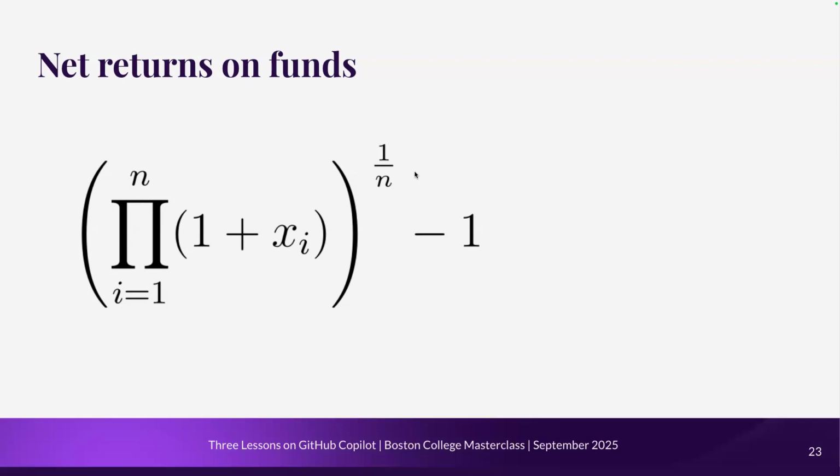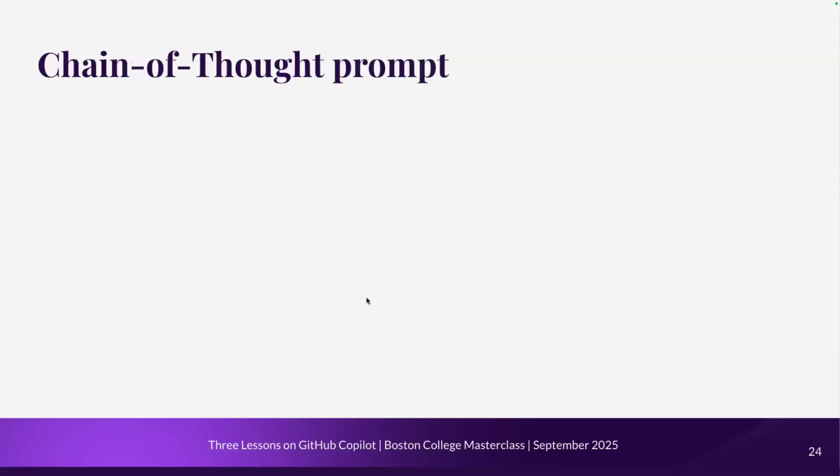So we see three steps here. We transform the net returns to gross returns, we take the nth root, and then we subtract one to bring it back to net returns. And this is a cue to how we are going to increase scope for these non-trivial cases when working with code completions as well.